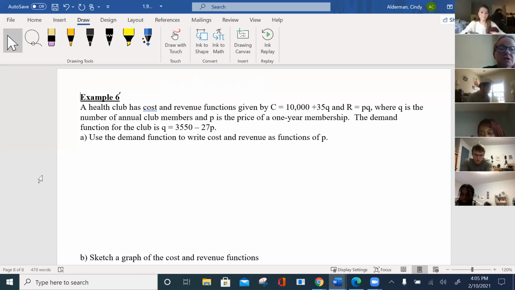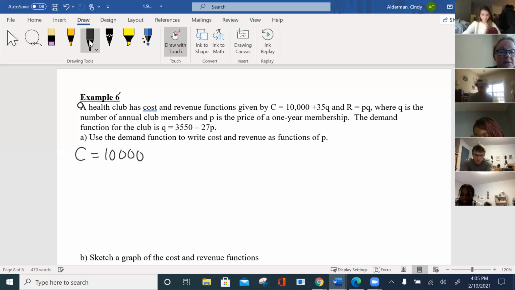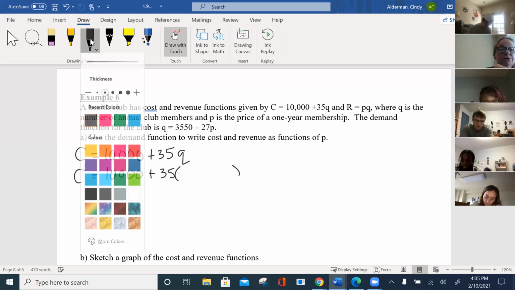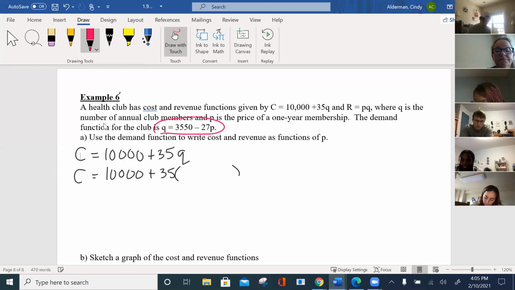So what we do is we start with the cost function, which is 10,000 plus 35Q. I'm just getting that from right there. Oops, it should be plus 35Q. And we're going to fill in what we know. 10,000 plus 35 times, we know the Q is here.